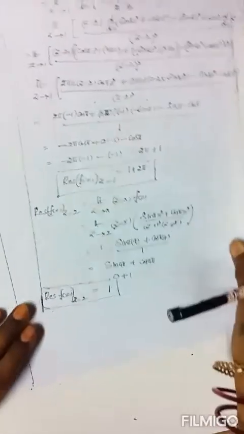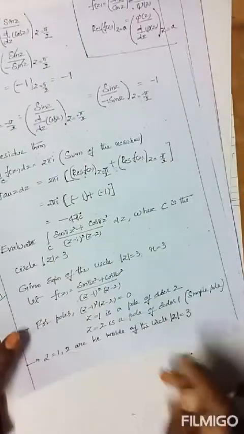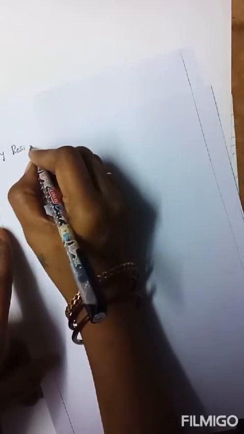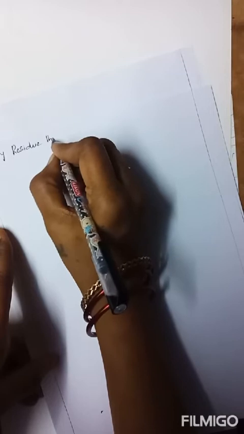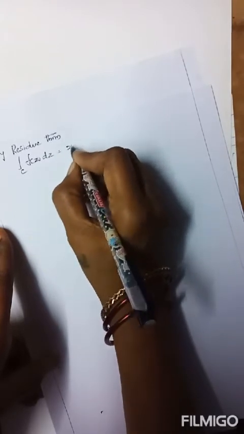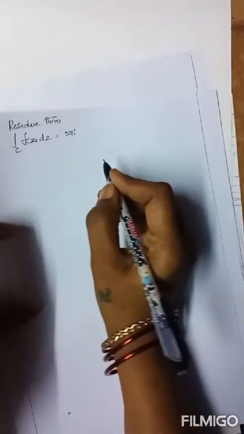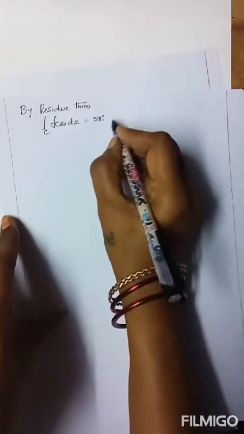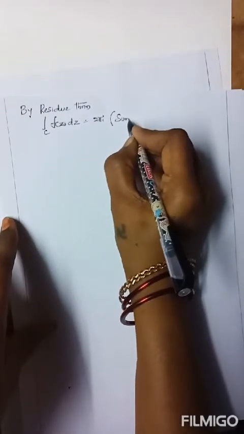Okay. Now here both points lie inside of the circle, so by the residue theorem we can define the integral result. Integral over C of f(z) dz is 2 pi i into the sum of the residues.